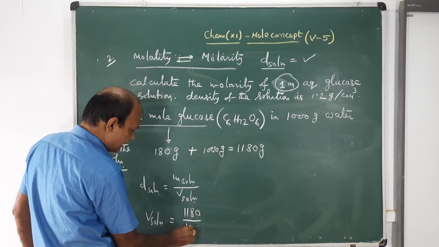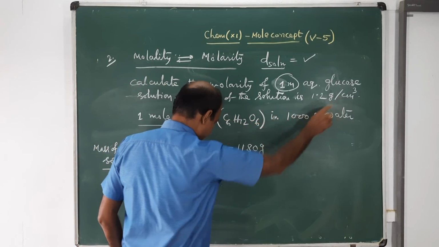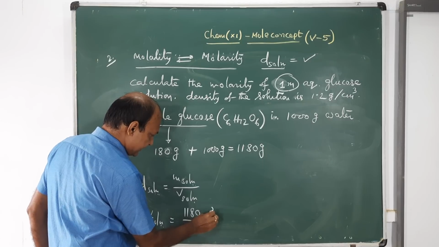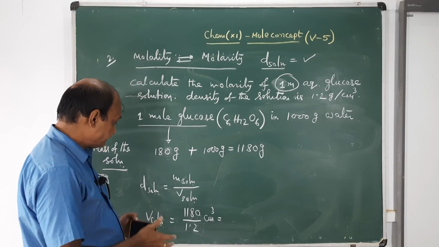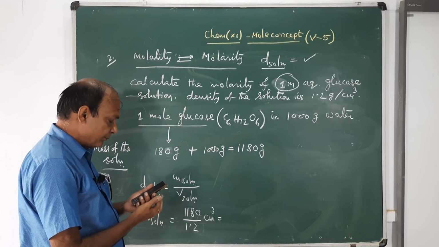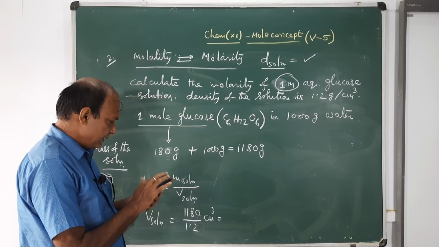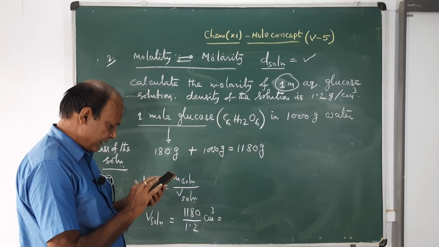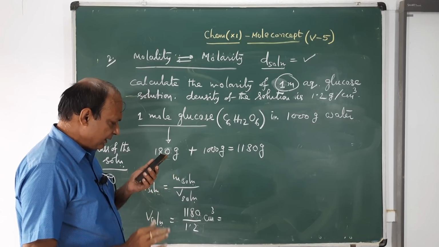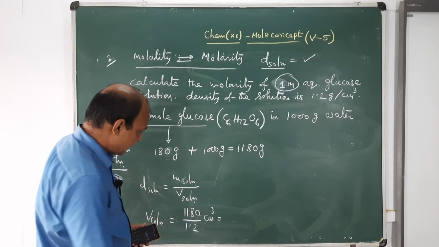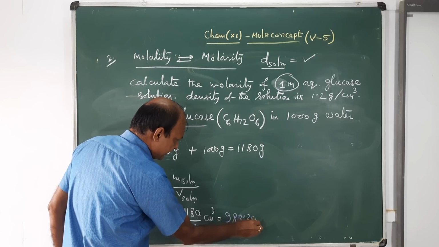Density is 1.2 gram per centimeter cube. Look at the unit, it is centimeter cube, therefore you will get the volume in centimeter cube. Now if you divide 1180 by 1.2, you will get 983.3 centimeter cube.